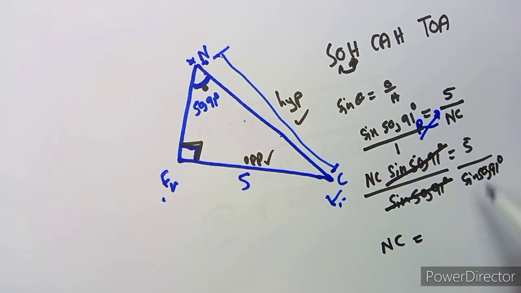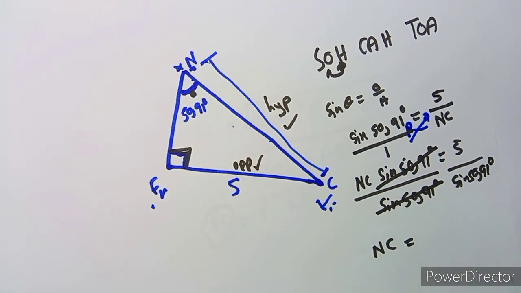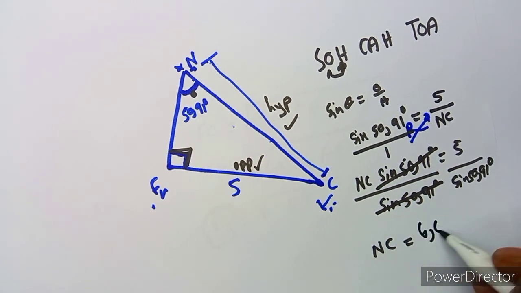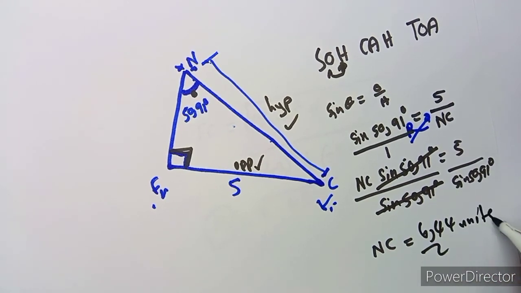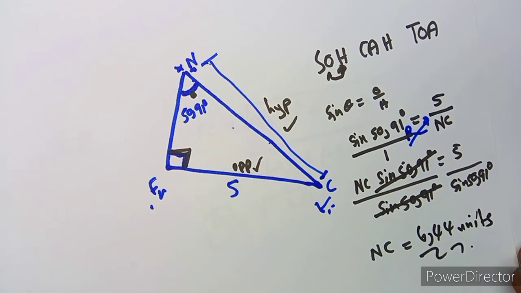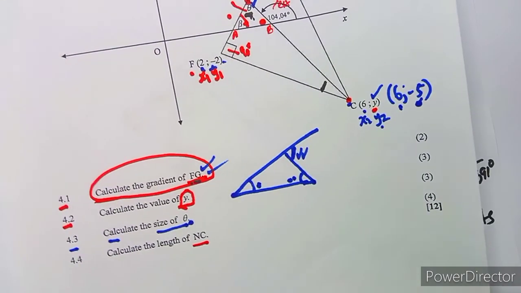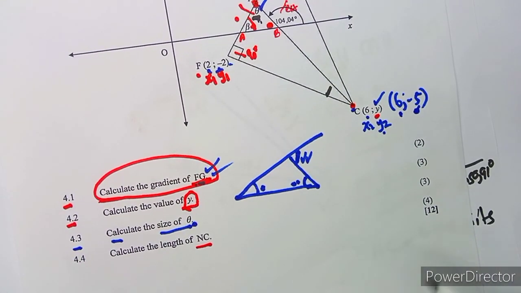From my calculator, 5 divided by sine 50.91 is going to give us something like 6.4420, like that. So that is what we have got here for NC. NC is going to give us 6.44 units.